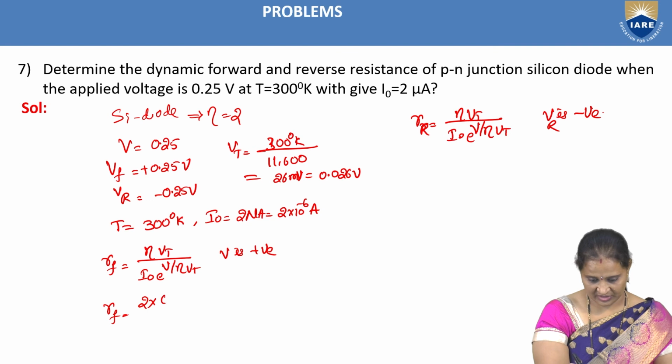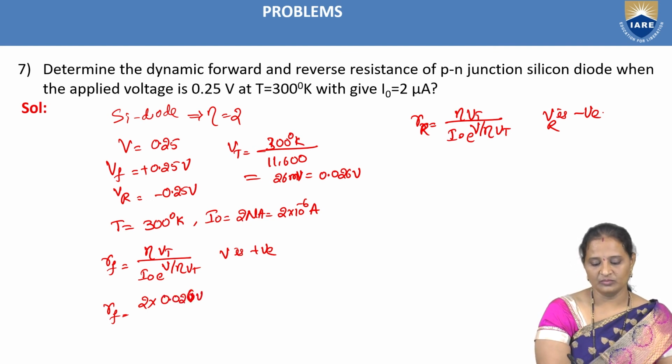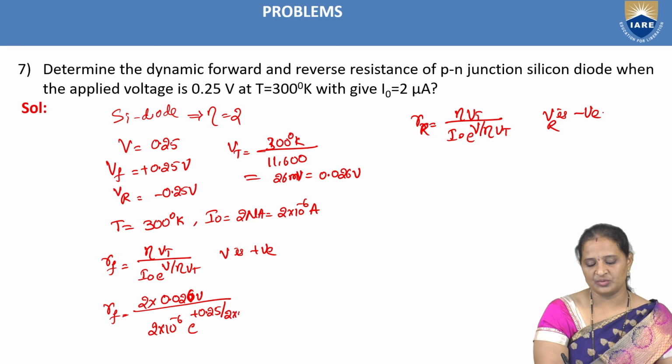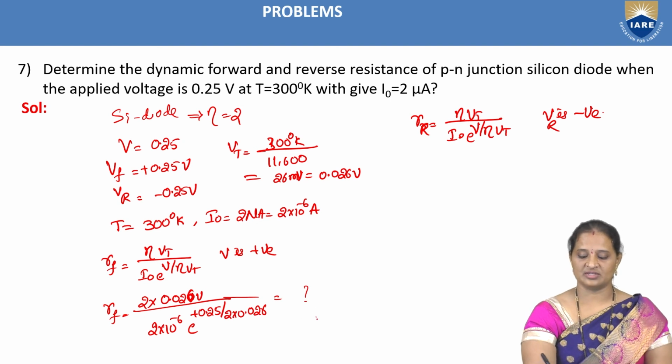So just substitute it: 0.026 volts divided by I naught, given as 2 into 10 to the power of minus 6, e power V. As it is forward dynamic resistance, V is considered to be positive, plus 0.25 divided by 2 into 0.026. So just calculate this value. You will get the dynamic forward resistance, and the units for this one are ohms.